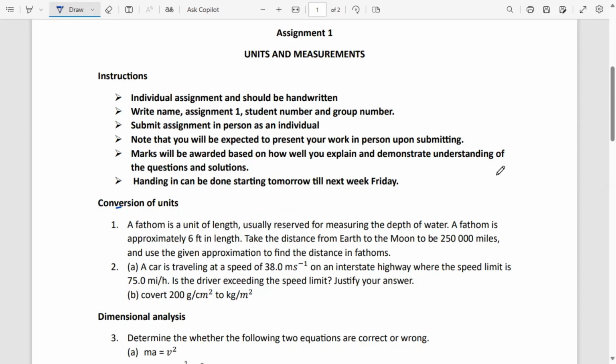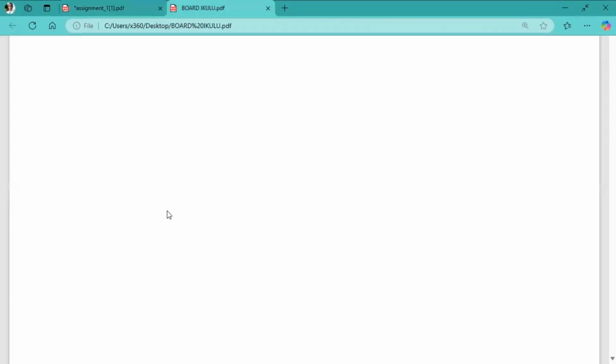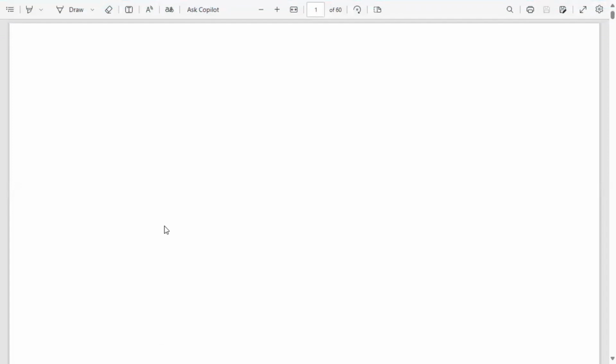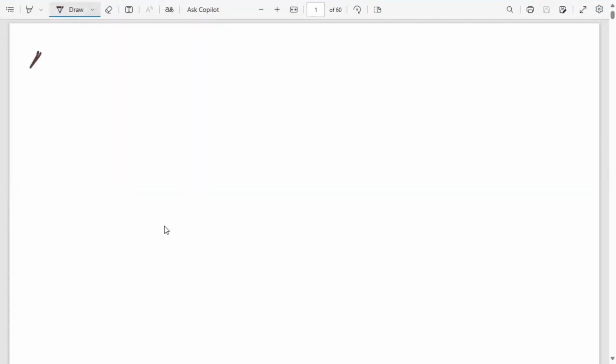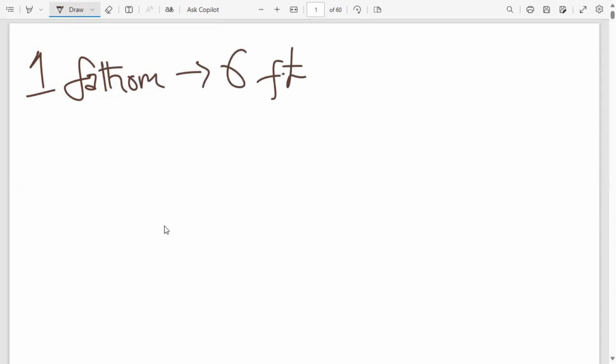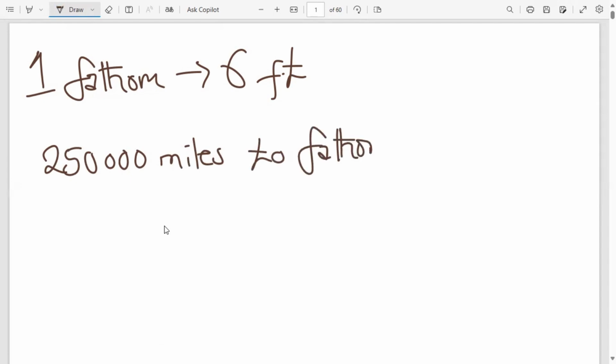Let me go to my blank board. So 1 fathom is equal to 6 feet, and our goal is to convert 250,000 miles to fathoms.